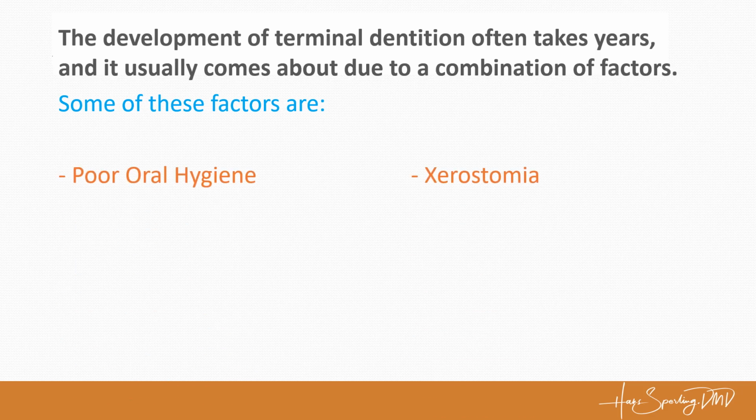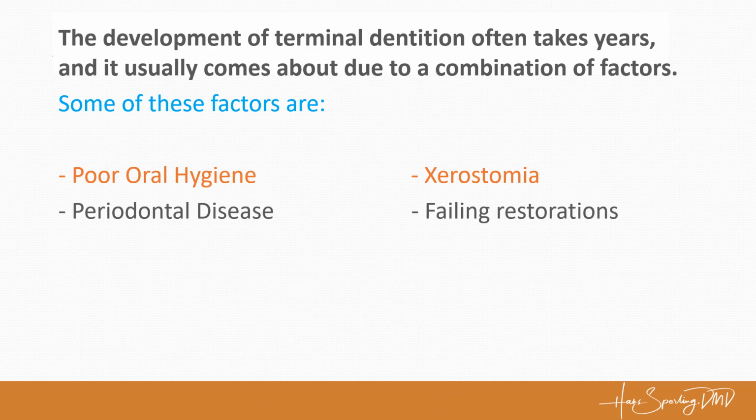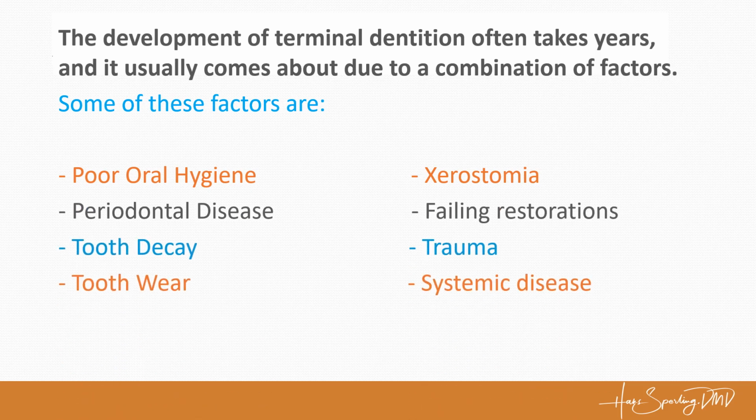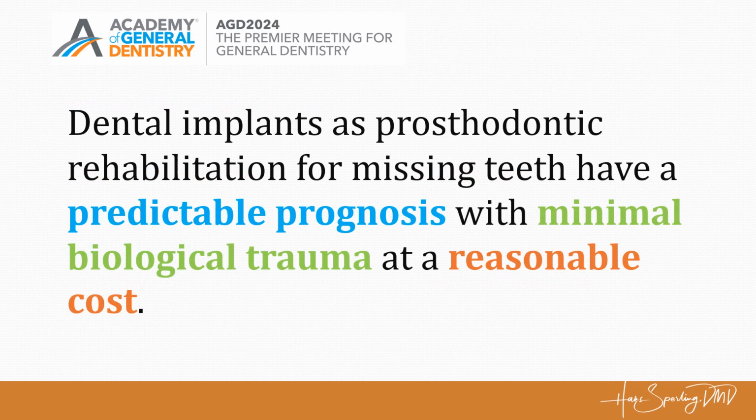Some of the causes are poor oral hygiene, dry mouth, gum disease, failing restorations, tooth decay and trauma, tooth wear, systemic diseases, prior tooth loss, drug addiction, and we have to consider restorability of the teeth and the patient's expectations.